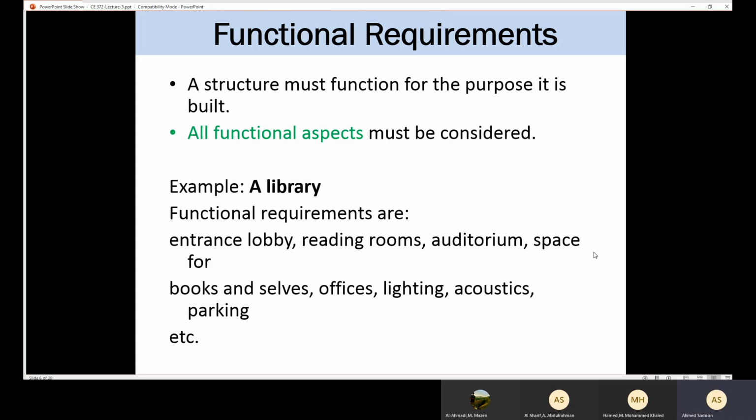And of course, it could be extended to any example. For example, if you want to manufacture a car, you are also going to have different functional requirements. So we need to make sure that we satisfy all the functional requirements for my project or for my solution.